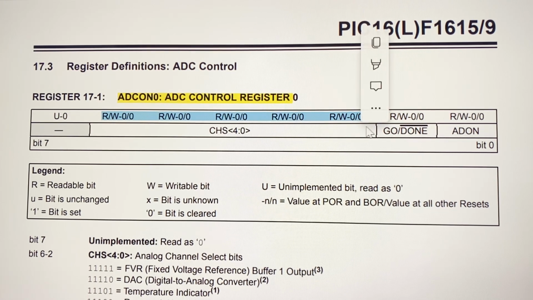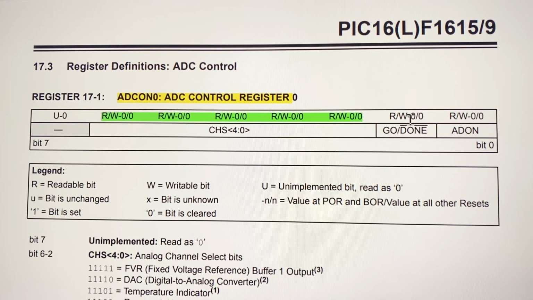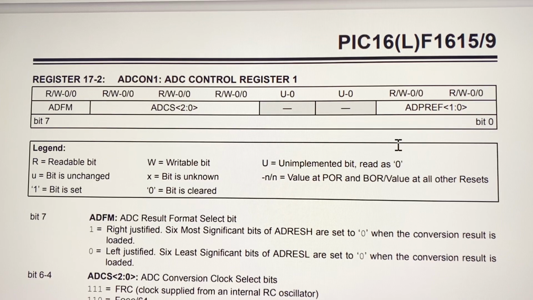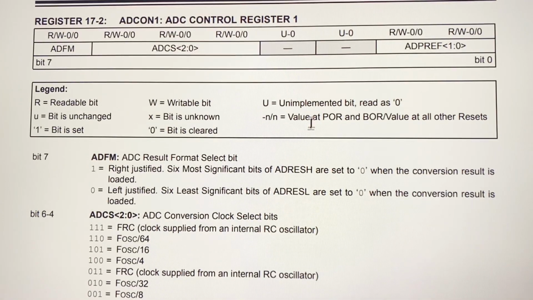with these bits. Once you select the channel, you can start the conversion, but before starting the conversion we need to select the clock, the internal clock, and we also have to select the ADFM bit, which we saw a moment ago.